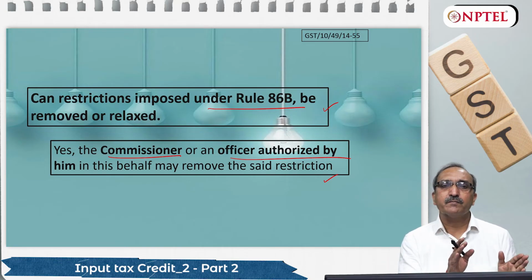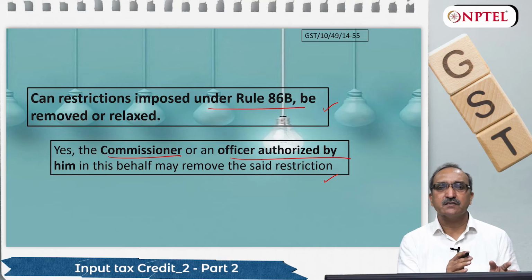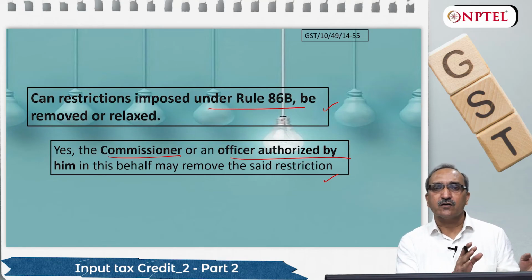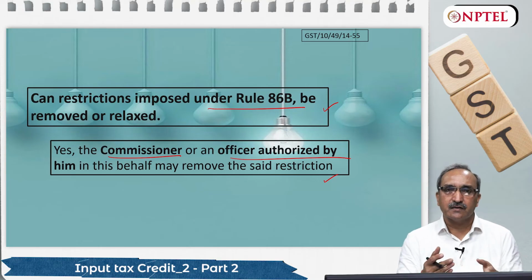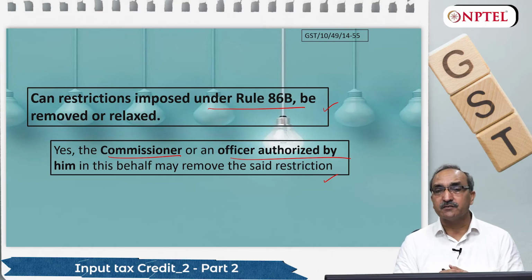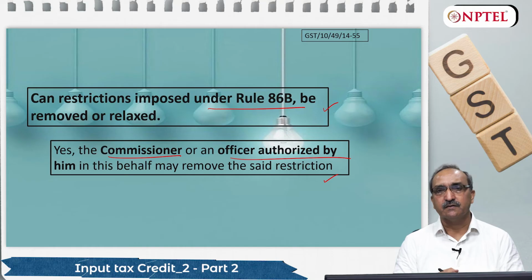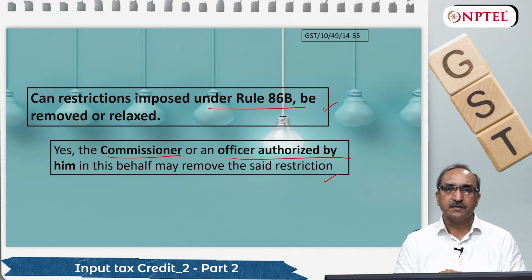If any particular business house or person thinks that this restriction is creating a hurdle, is not ease of doing business, or is creating complication for them, they can approach the commissioner for relaxation, and if he is satisfied, he can give relaxation to that particular taxpayer to have relief from Rule 86B.